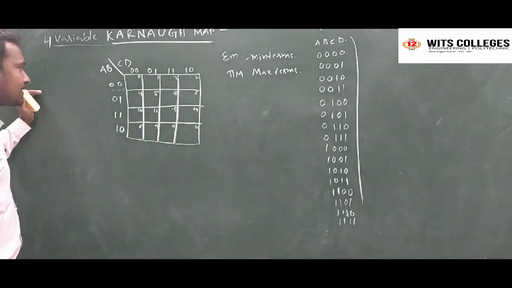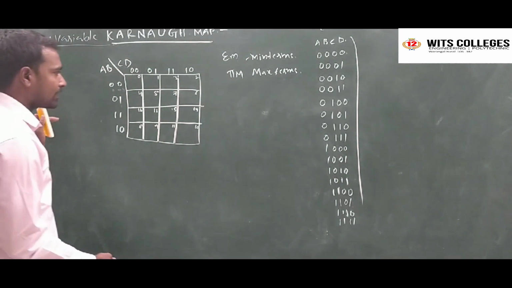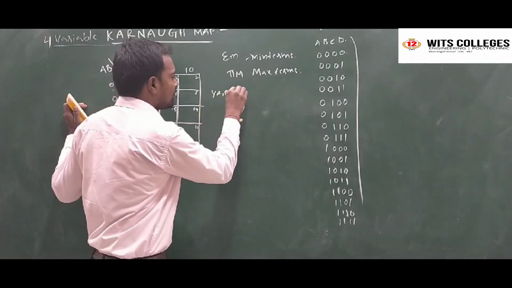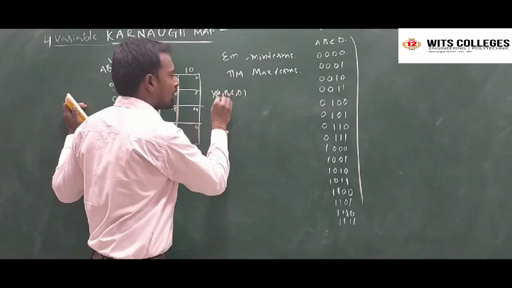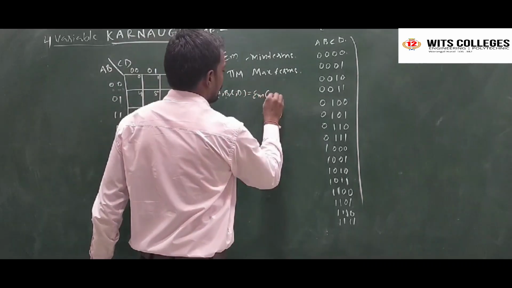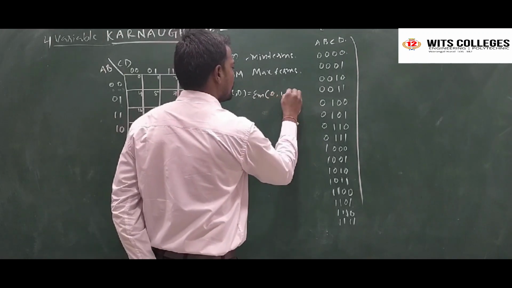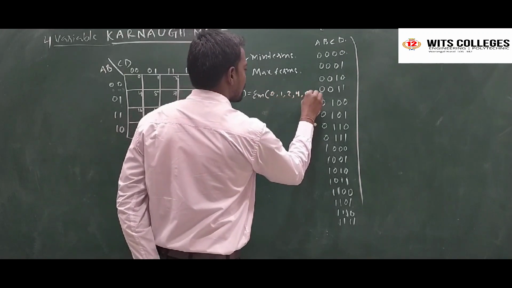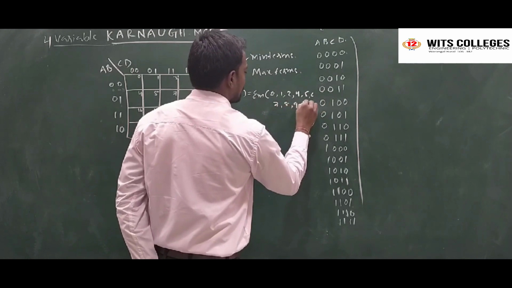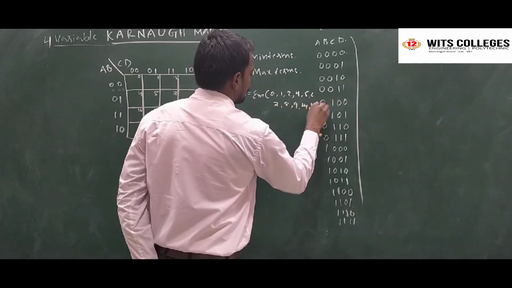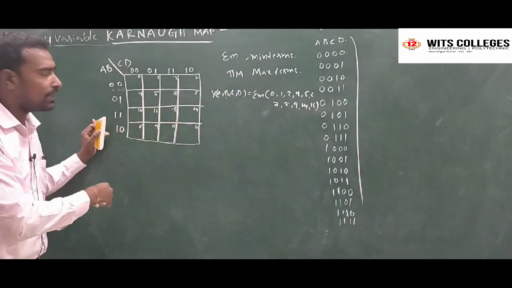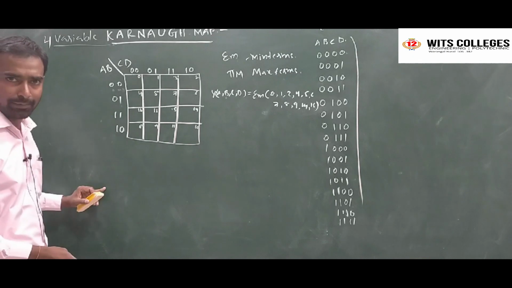So take an example: simplify y of a comma b comma c comma d. Y of a comma b comma c comma d is equal to summation m of the variables 0 comma 1 2 4 5 6 7 8 9 and 14 and 15. So these are the variables, and we have to simplify them by using the 4 variable K map.